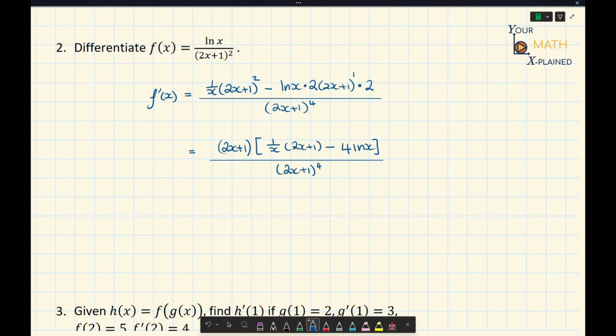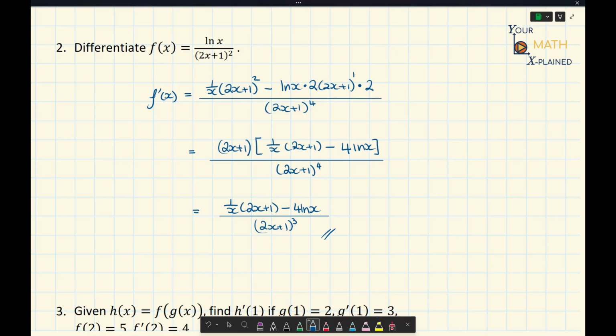And now we can go ahead and cancel out a factor of 2x plus 1 on the top and on the bottom, which means our final answer is going to be 1 over x times 2x plus 1 minus 4 times ln of x, and this is going to be over 2x plus 1 to the power of 3. And since there's no more meaningful simplification here to be done, we can just leave it like this.